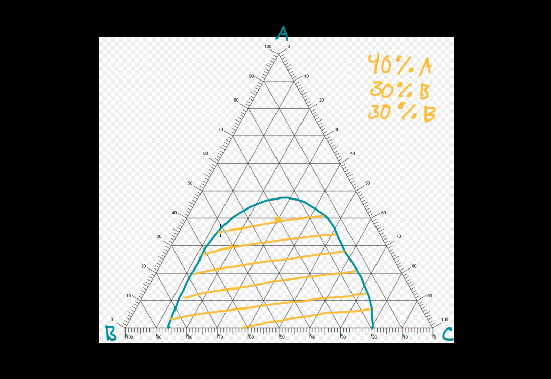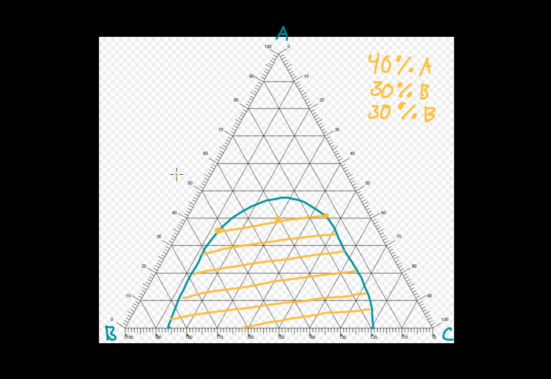It has a phase over here, which is mostly B and very little C, and a phase over here that is mostly C and A and very little B.